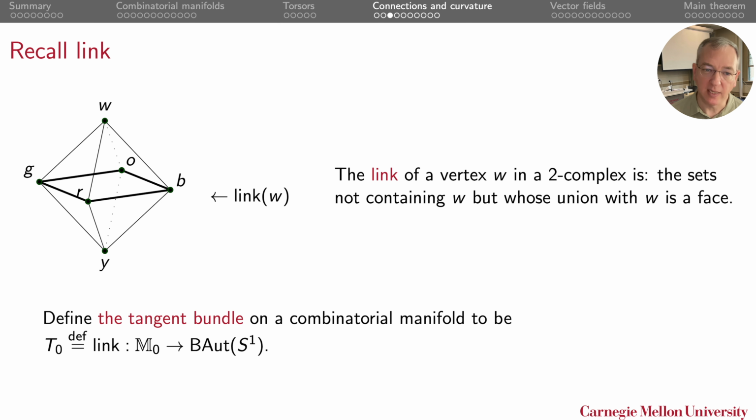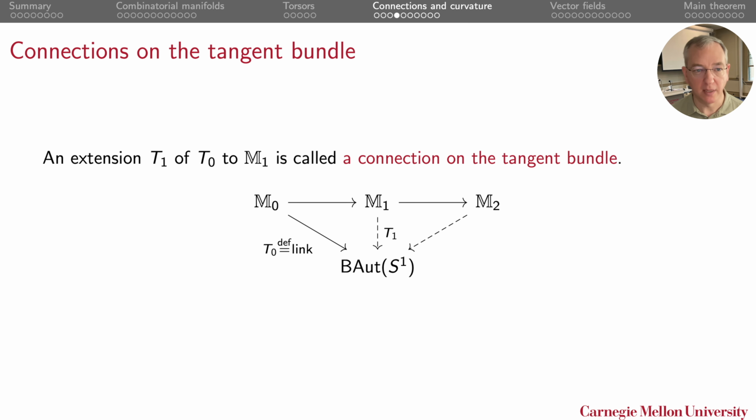The sets not containing W but whose union with W is a face is a polygon associated to W. And so we can define the tangent bundle on a combinatorial manifold to just be the link. Now this is defined only so far on vertices, on the 0 skeleton. So instead of just calling it link, we'll call it T0, because we're going to build up and extend it to the higher skeleta and see where connections come in.